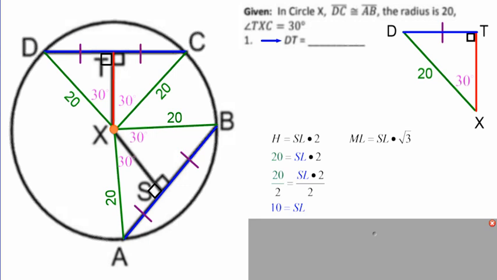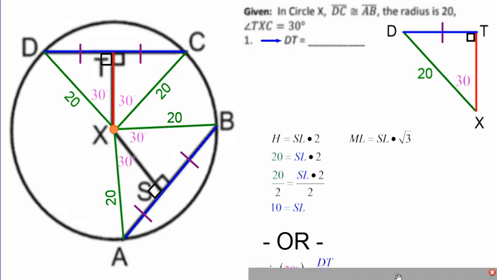Now, some of you may say, well, I didn't remember the ratios, or if you want to talk about your 30-60-90 patterns, there's still another way that we could do it, right? Right triangles, we've got our three ratios. We could do sine, cosine, or tangent. So let's think about where we are. If we're standing here at 30 degrees, DT is opposite, and we have the hypotenuse. Well, opposite and hypotenuse uses the sine function.